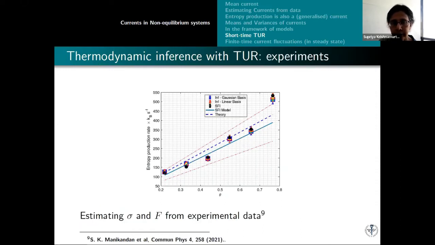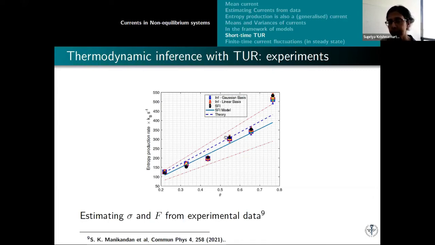So we looked at some experiments, which are so far simpler than any of the experiments we've heard about on biological systems. This was just a colloidal particle in a trap, where the trap is shaken as an Ornstein-Uhlenbeck process.